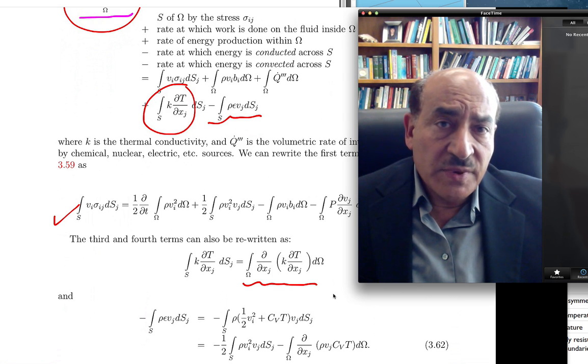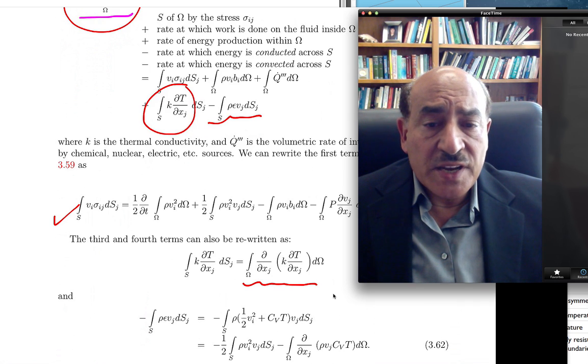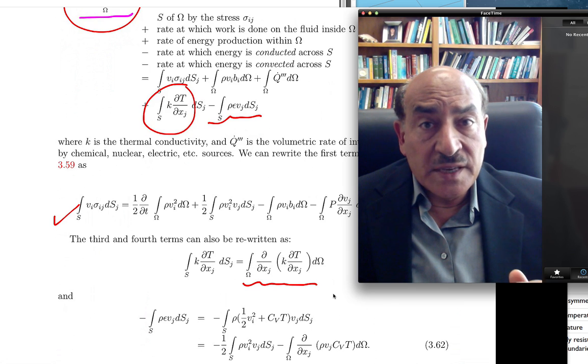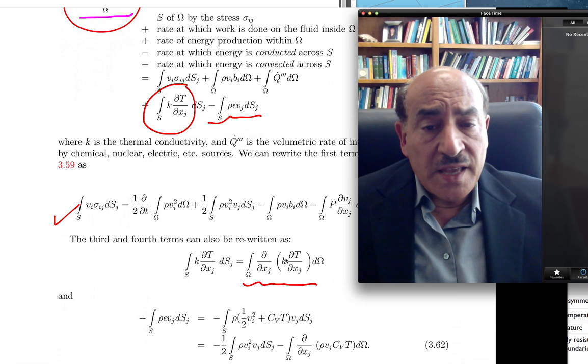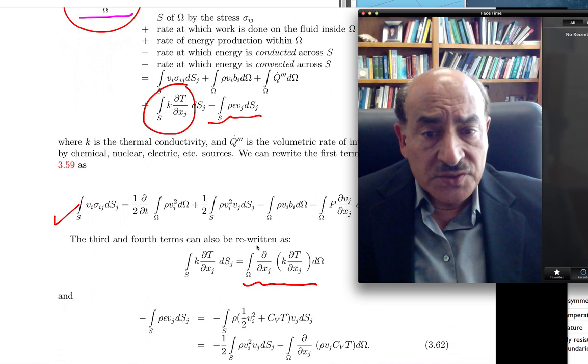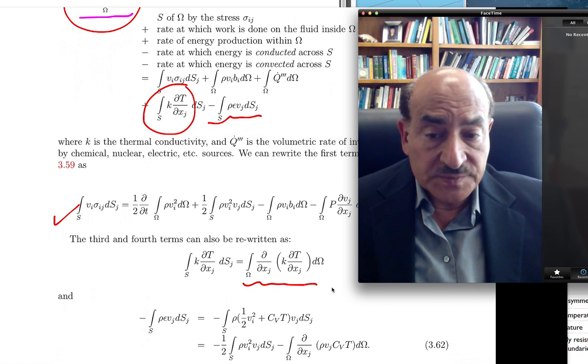That is d/dxj of the q double prime. q double prime is k dT/dxj. So you have now basically the divergence of a gradient, and if k is constant, independent of space, you can take it out, and that will turn out to be a Laplacian of the temperature.